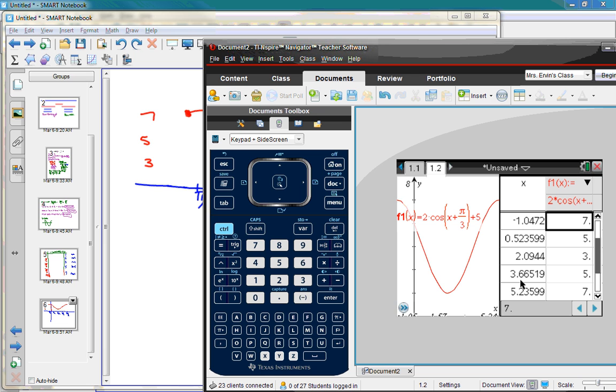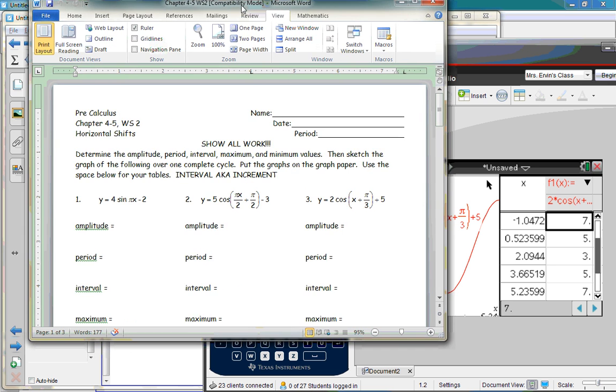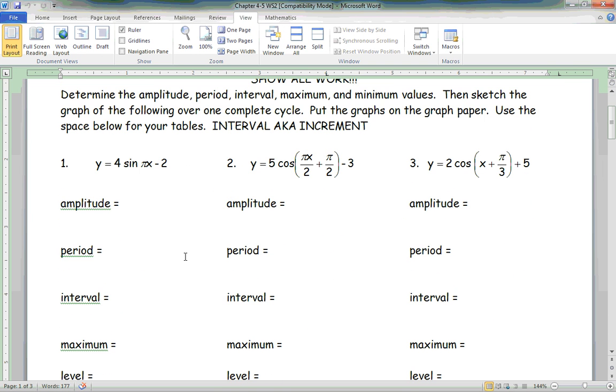Now, I do want you to look at problem number 1 on that worksheet. If I'm looking at this worksheet here, does this one have a horizontal shift? No, there's no parentheses there, is there?